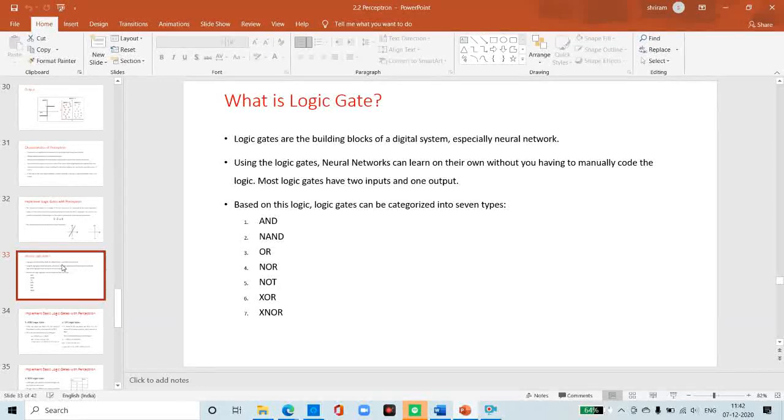Using the logic gates, neural networks can learn on their own without having to manually code logic. Most logic gates have two inputs and one output. Most of the logic gates, that is AND, OR, NOR, have the two inputs x1, x2 and produce one output, that is Y.